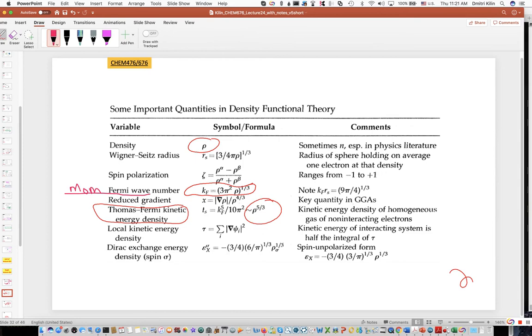So what is the momentum of the electron when it is in the highest occupied orbital? Then the gradient of density expressed in the dimensionless form. Then the total energy that would come from Thomas-Fermi theory, if one would need it.